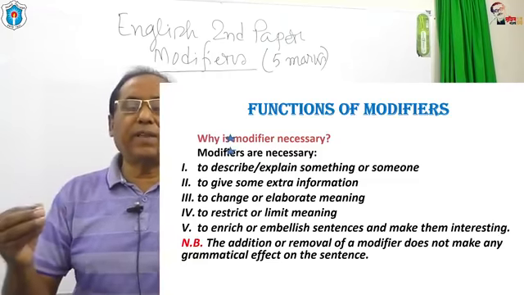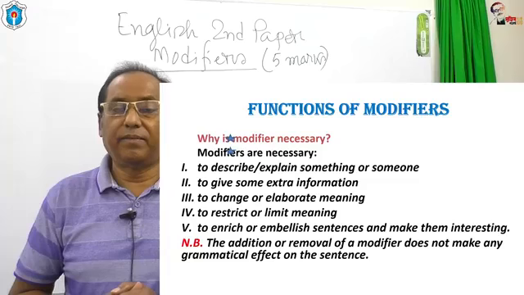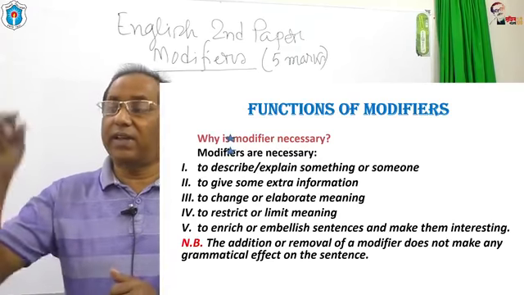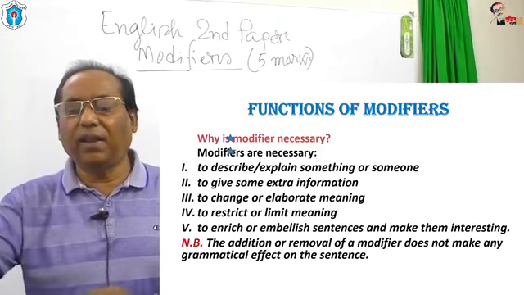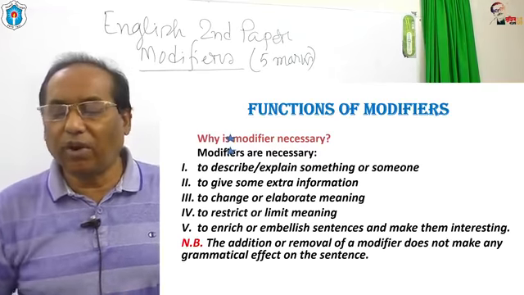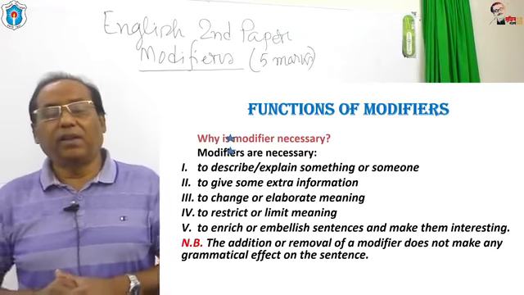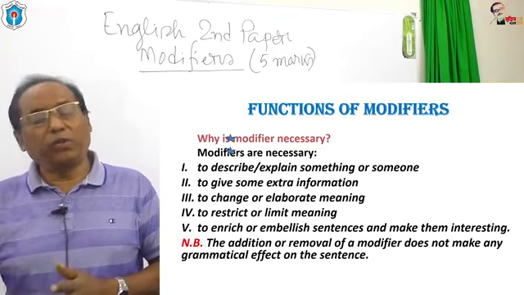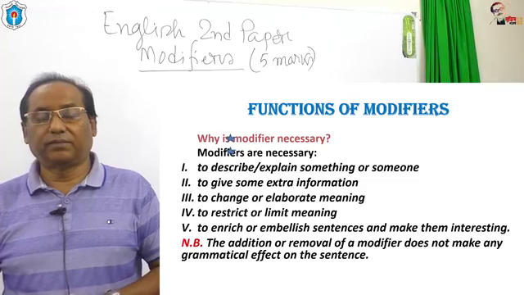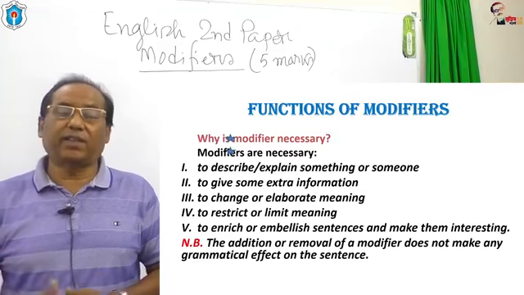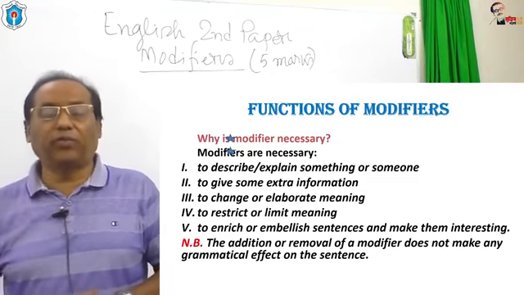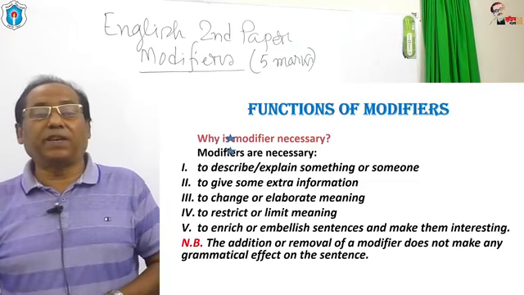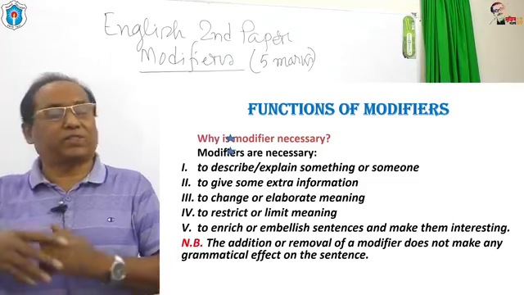We can say something very simply. "She is a girl." So here girl is simply used without a modifier. But if we say "she is a beautiful girl," we can say "she is a very beautiful girl." We can also say "she is a very beautiful, smart girl."